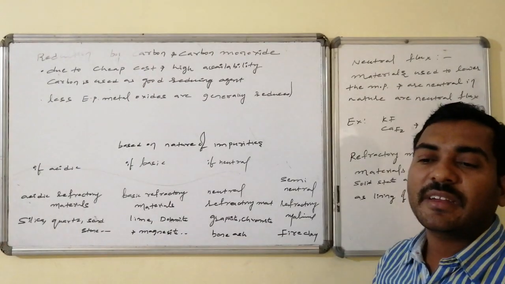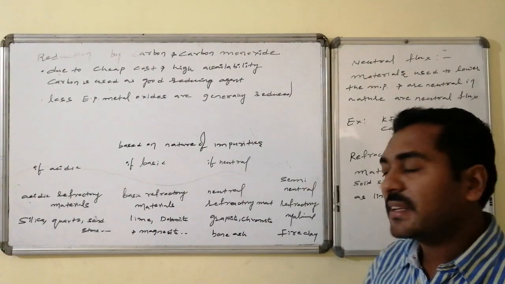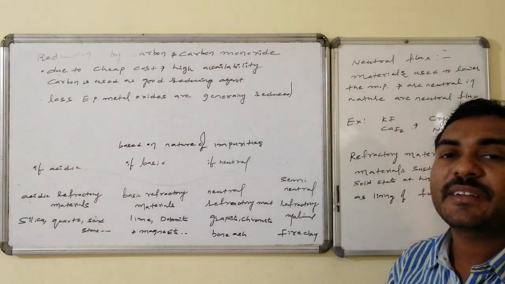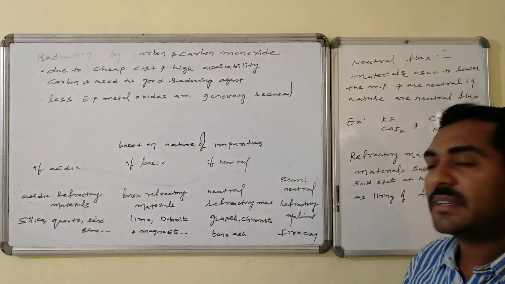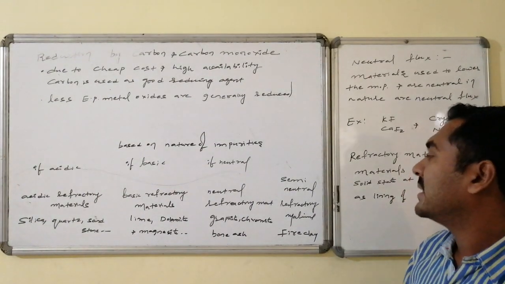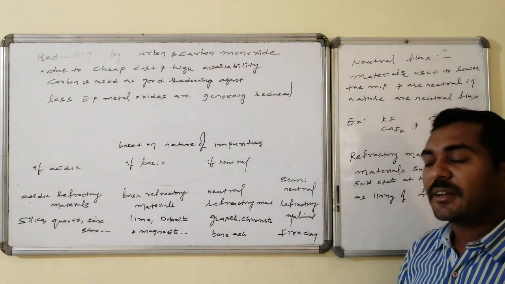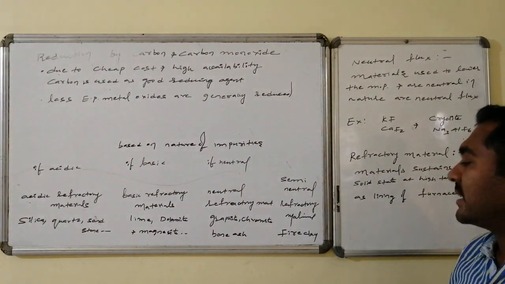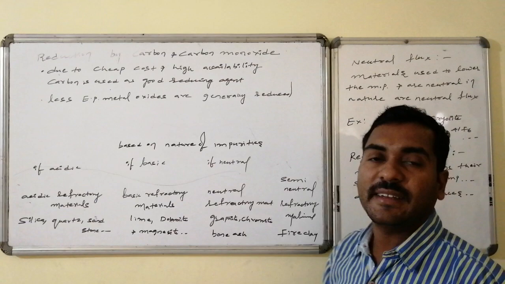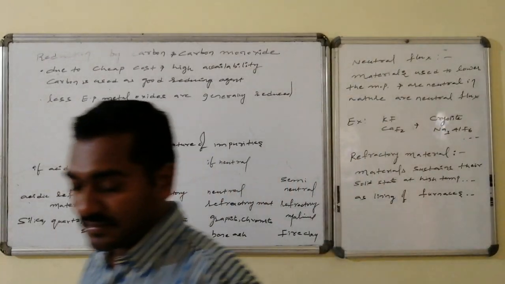If the impurities are neutral in nature, then neutral refractory materials made of graphite, chromite, bone ash are generally used. Semi-neutral refractory materials are also present. The best example for this category is fire clay.